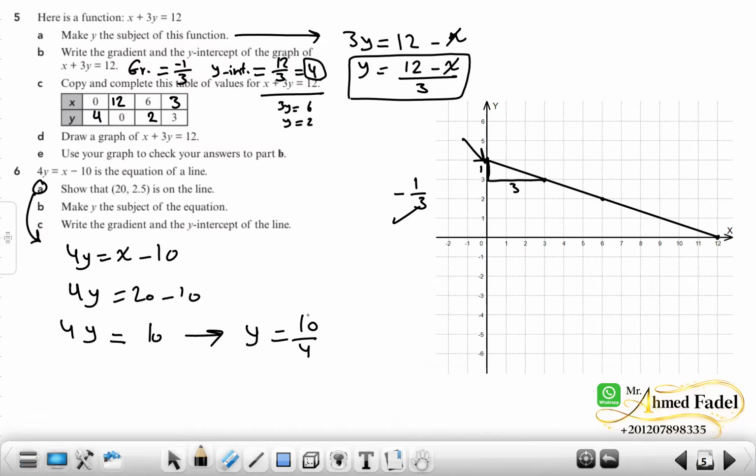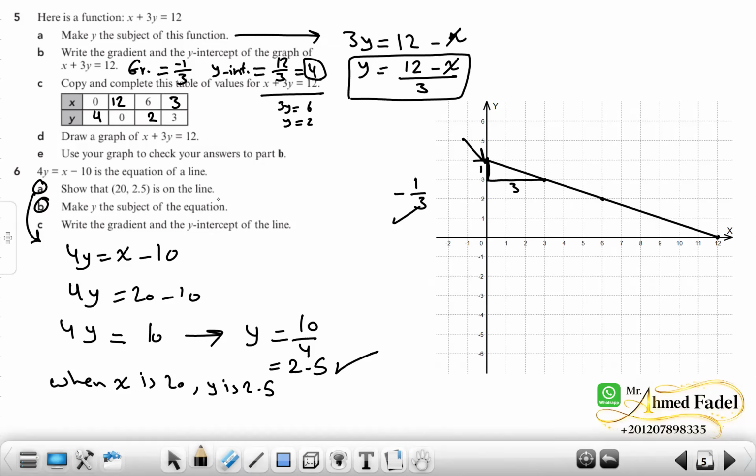You're going to find that 10 divided by 4 is going to give you 2.5. So that's how you show that it is on the line. I'm going to have the point 20, 2.5 on the line. When x is 20, y is 2.5. That's question A.